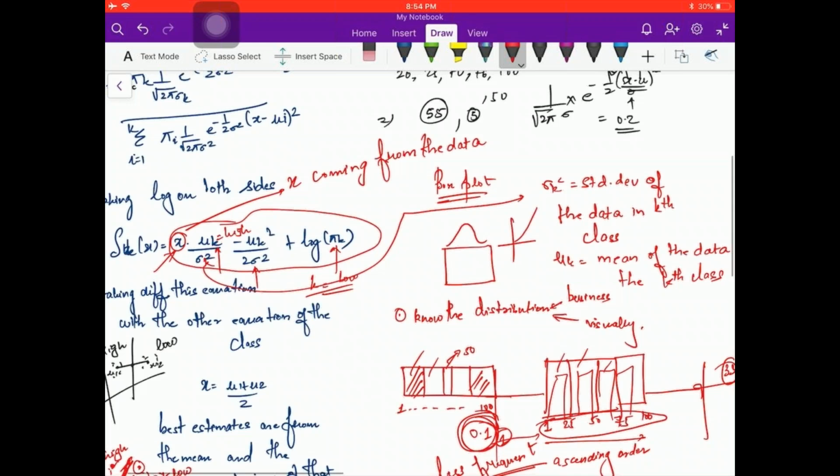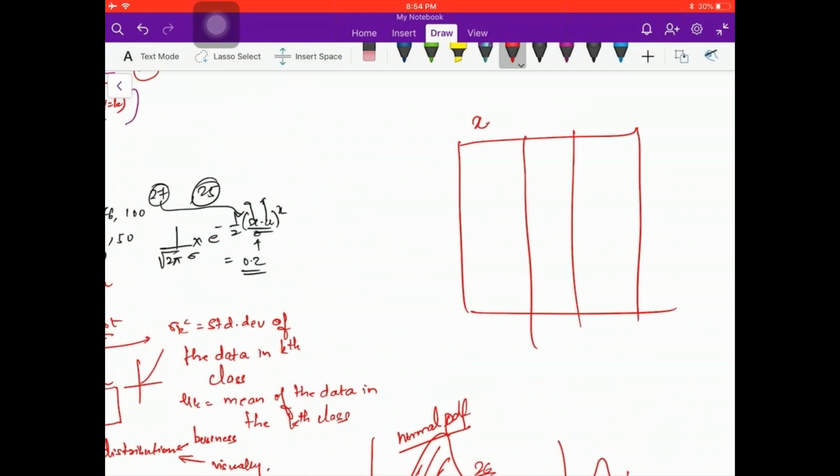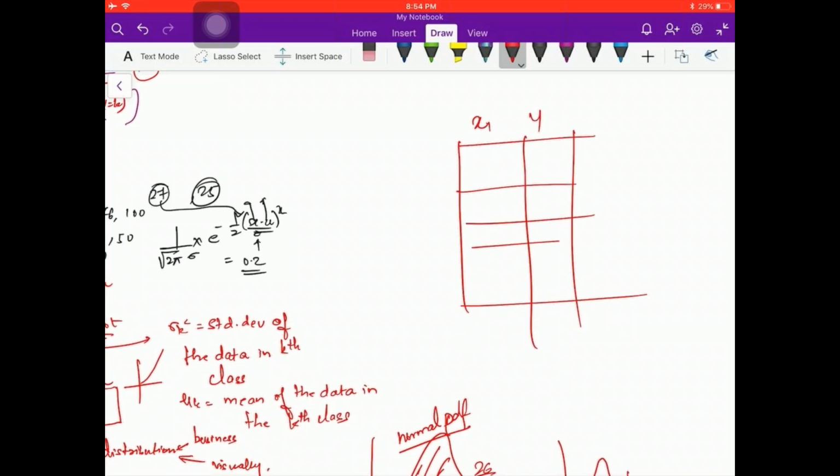For example, let's take an example here. So your data was like this. Let's say x1, and you just have a y. Let's take only one dimension. It's easy for you to understand. Let's say you have 1, 2, 3, 4, 5, and another 6 data points. Now your high, high, high, low, low, low.